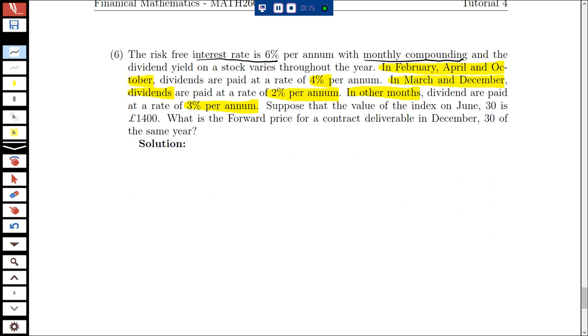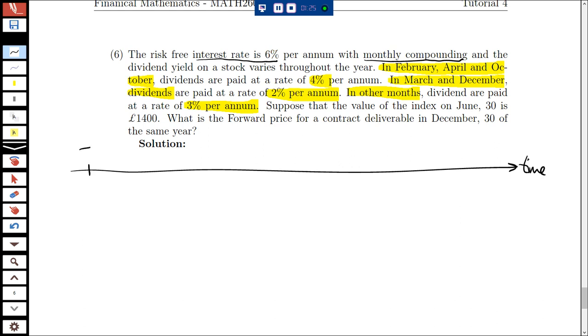Okay, so much information with dates here. I strongly recommend a timeline. So we have some months: January, February, March, April, May, June, July, August, September, October, November, December. Let's drop these percentages in.